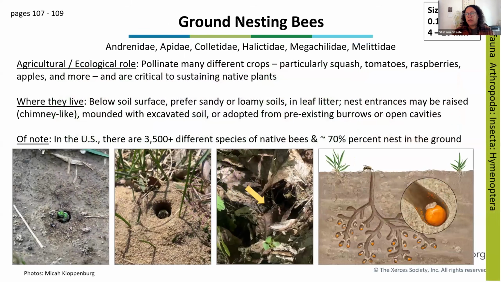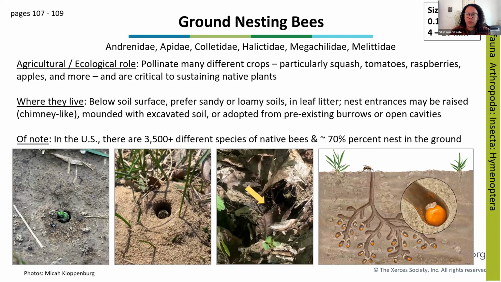And so, a little closer at some of the ground nesting bees. I did mention about 70 to 80% of the species are ground nesters. Within the US, that's about 2,500 to maybe 2,800 different species of bees.